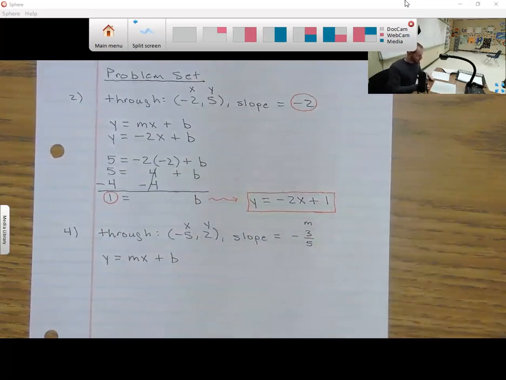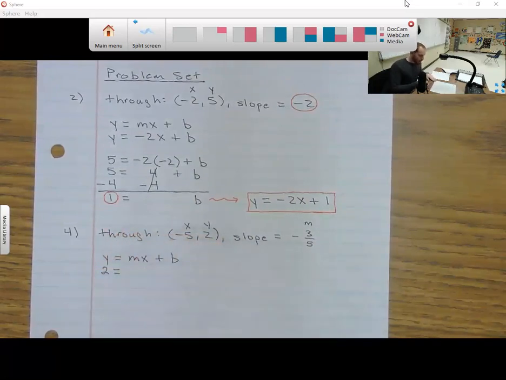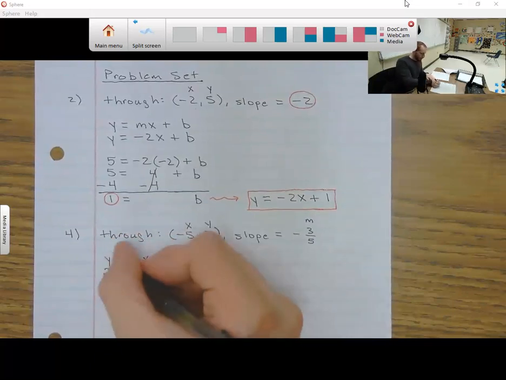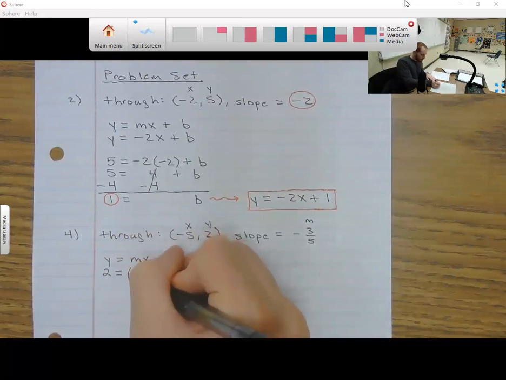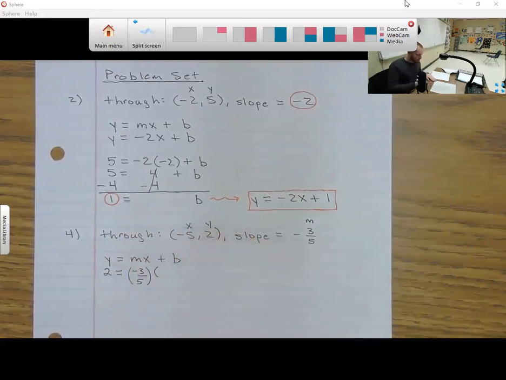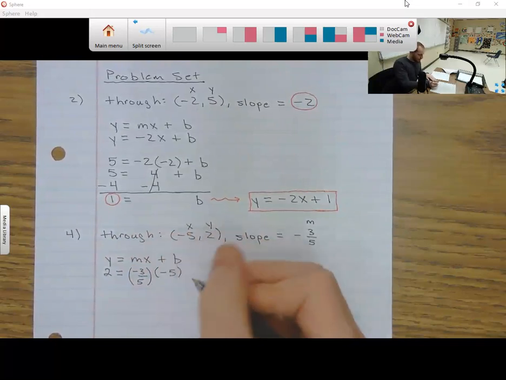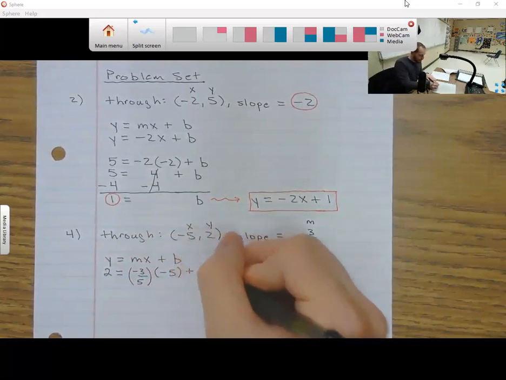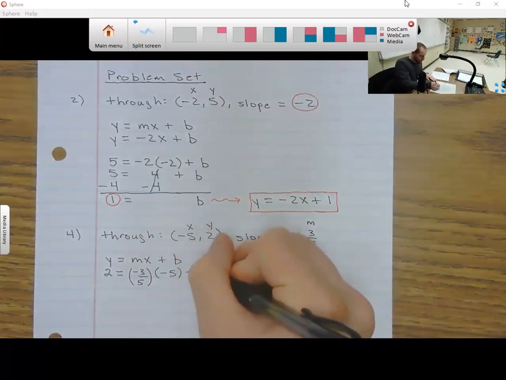So the y is going to be 2, so I plug in 2 for y. I know that m is going to be -3/5, so I plug that in, -3/5 times x. What is x? X is -5. And plus b. What is b? Well, they don't tell me, because we're going to figure that out.